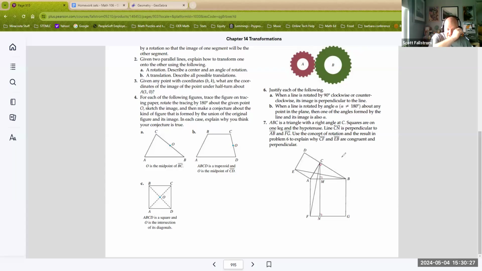So if you had rotated this component, then you'll have exactly the same piece. And we have squares on one leg and the hypotenuse, okay? So this gives you an opportunity to show why CF and EB are congruent and perpendicular. Again, you can use the piece up here for justifying. I think that's pretty helpful.